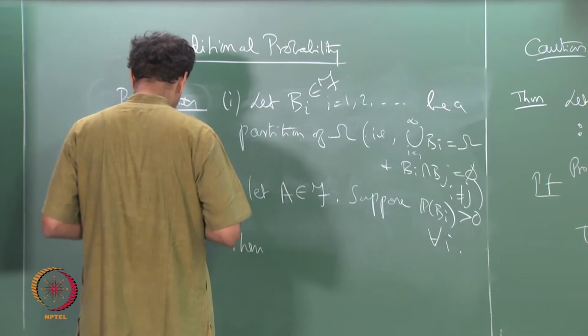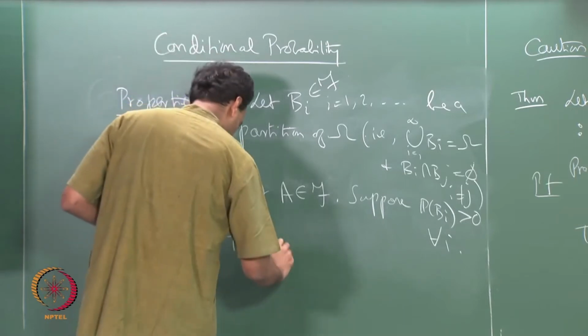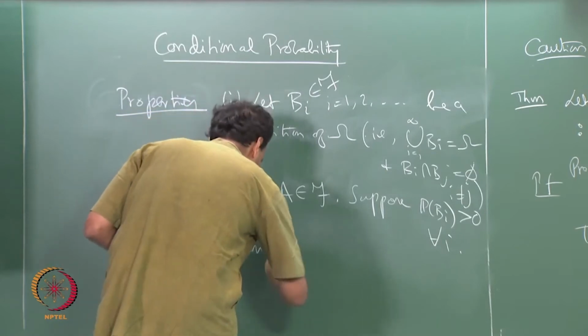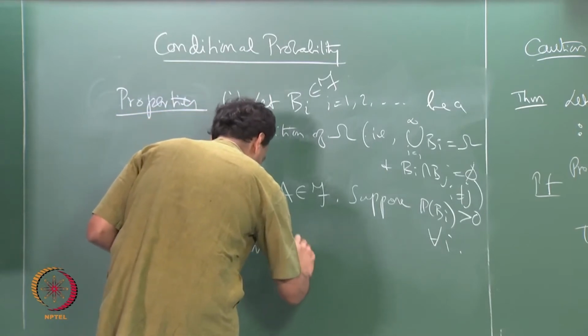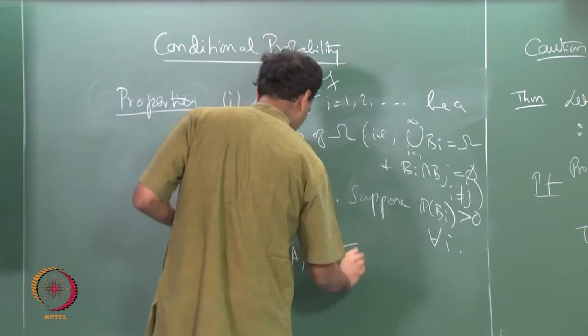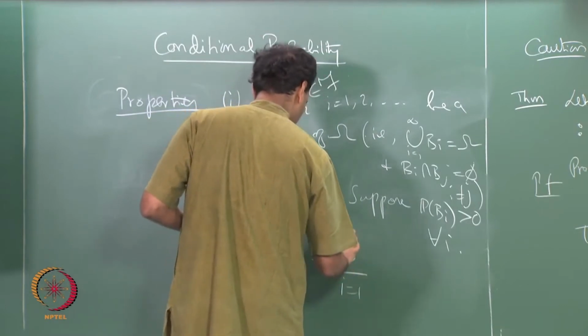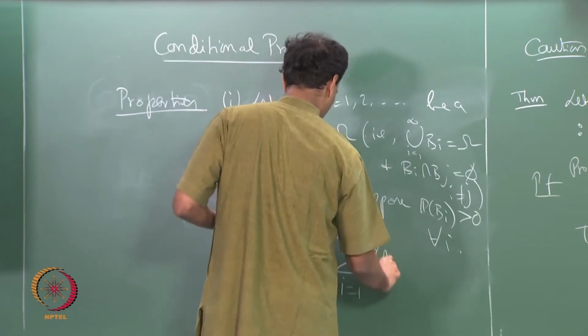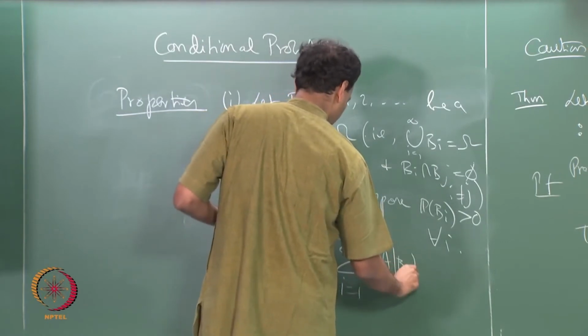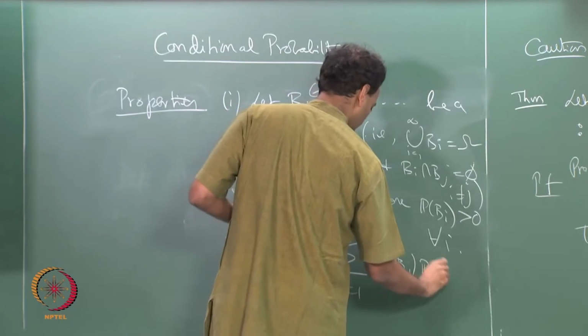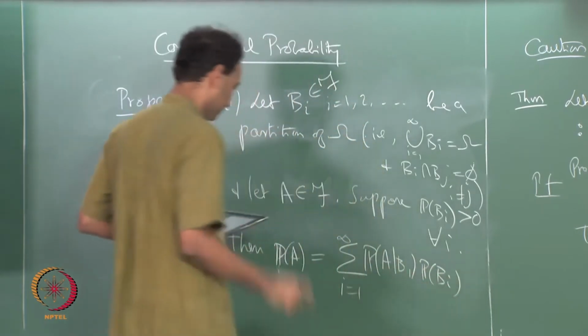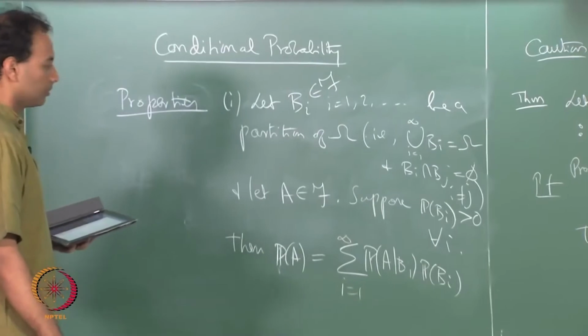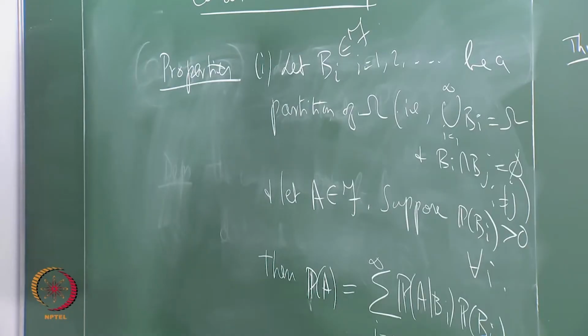Then probability of A is equal to sum over i equals 1 through infinity of probability of A given B_i times probability of B_i.